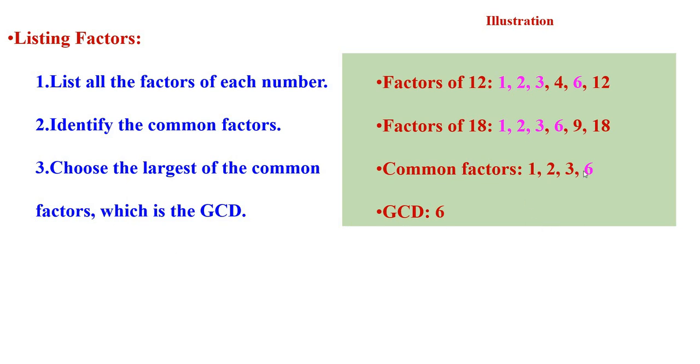So if I consider 12, these are the factors. For 18, these are the factors. Common divisors we have got. Common factors or common divisors, you can call them. And among the common divisors or factors, 6 is the greatest. So the GCD is 6.